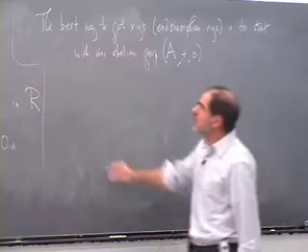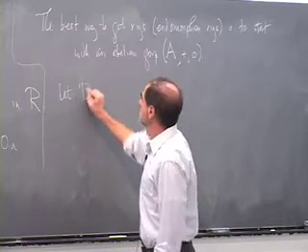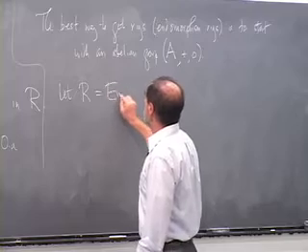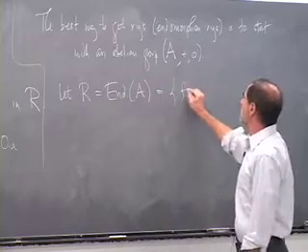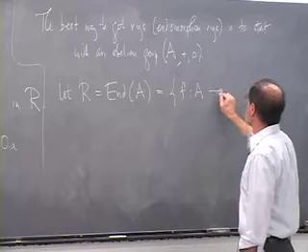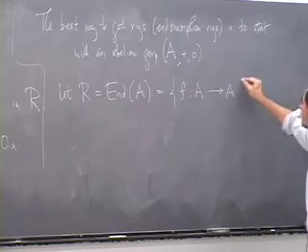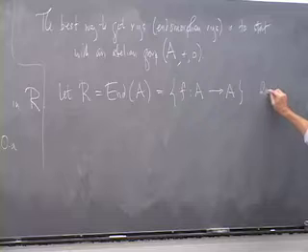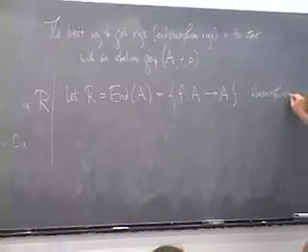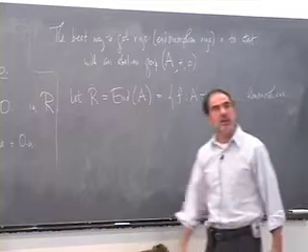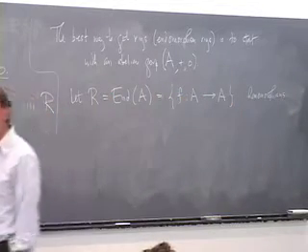And to let R, which is called the endomorphism ring of A, be the set of all homomorphisms F from A to A. All maps from the abelian group to itself which are group homomorphisms.